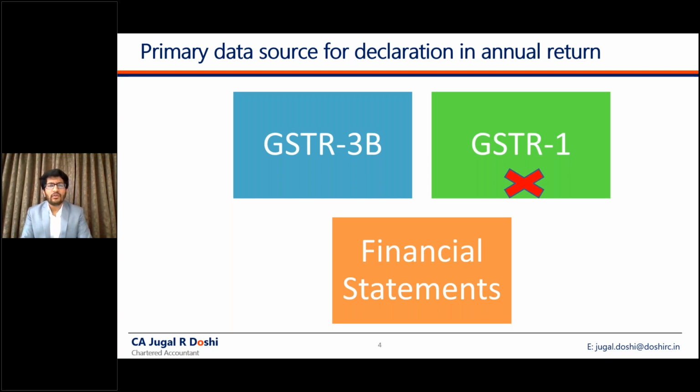So if I find that 20 invoices are pending to be reported, I would report the additional invoices through GSTR1. Any changes in reported invoices will be done through GSTR1 of subsequent months. And GSTR1 is not going to be my data source for filling GSTR9.